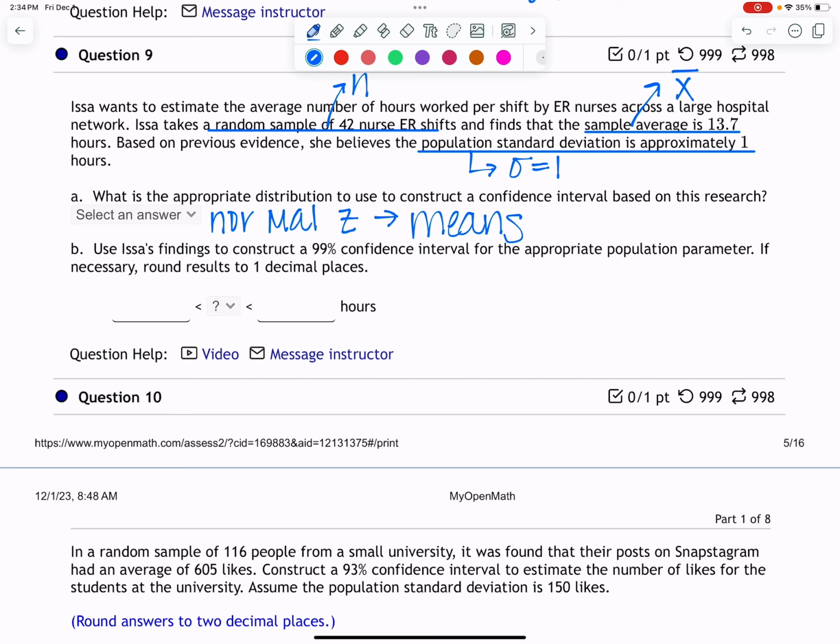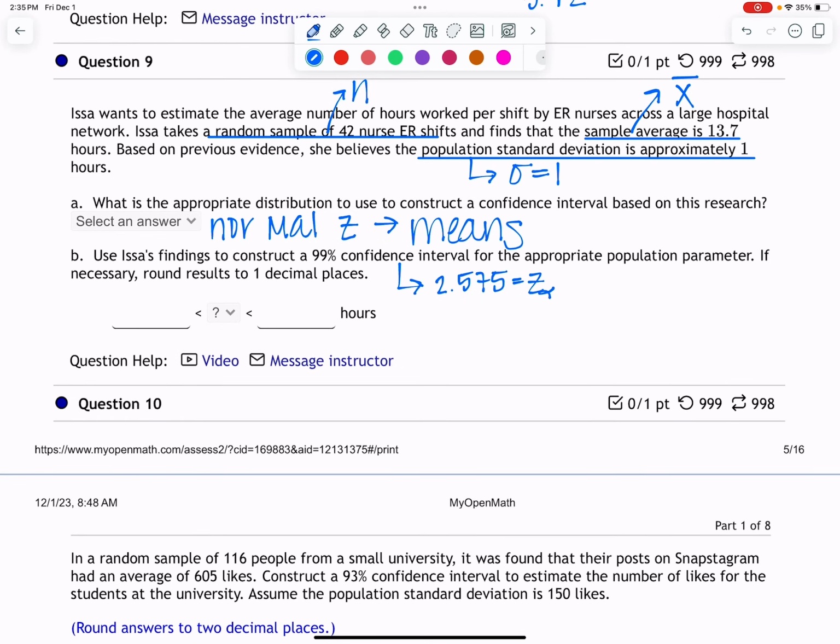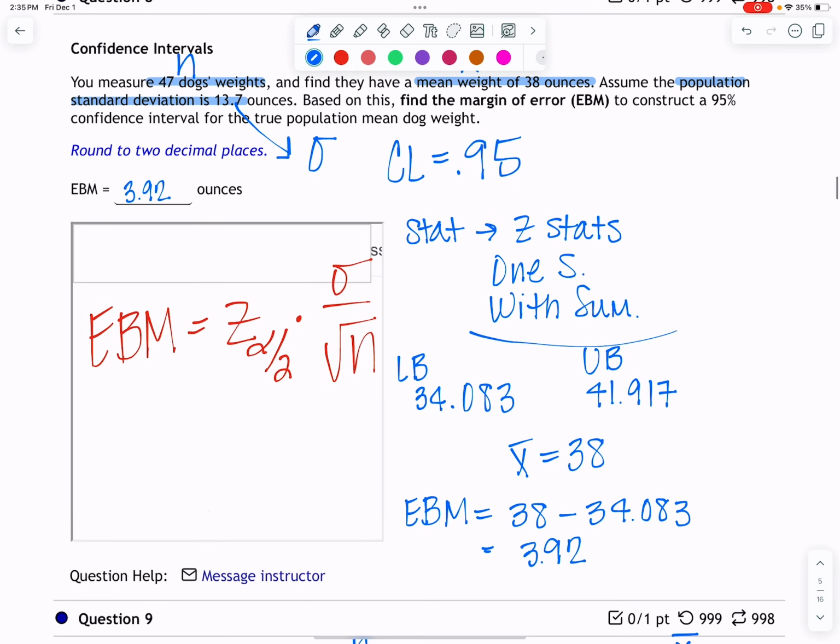I believe that on your exam 4 handout on the right hand side at the top corner, you have the decimal for this. That means you're going to use 2.575 for your critical Z. So you can either plug it in the formula and find your EBM and then work off of that, or you can use the steps for StatCrunch from the last one.